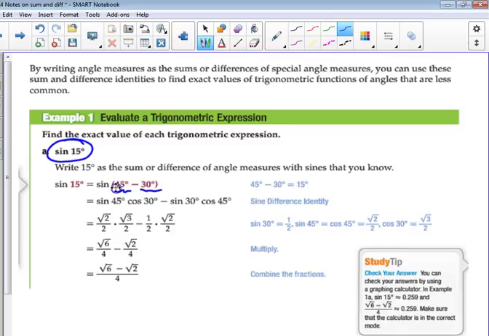And I know the sine and cosine of 45 and the sine and cosine of 30. So I would write out that rule on the sheet, sine times cosine minus sine times cosine. Evaluate those using the unit circle, and you'd get square root of 6 over 4 minus square root of 2 over 4, which you can combine into one fraction. There's nothing nice about it, okay?